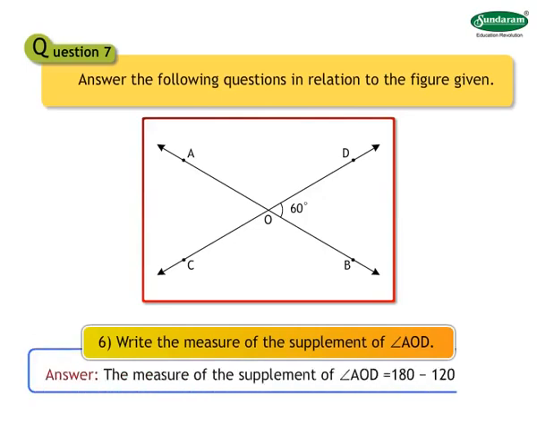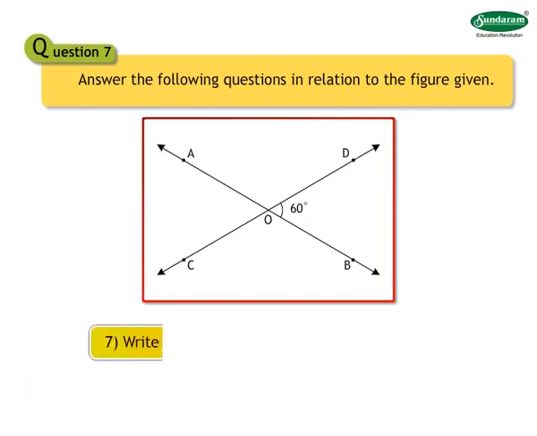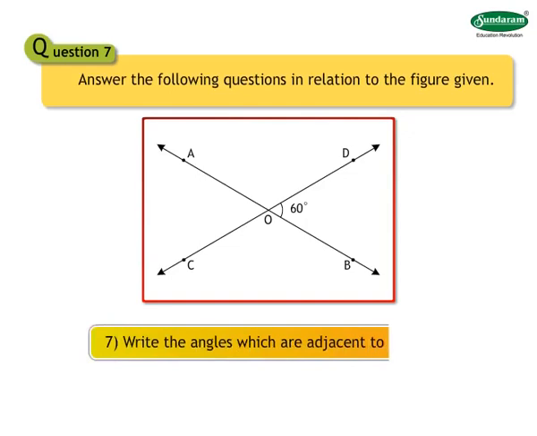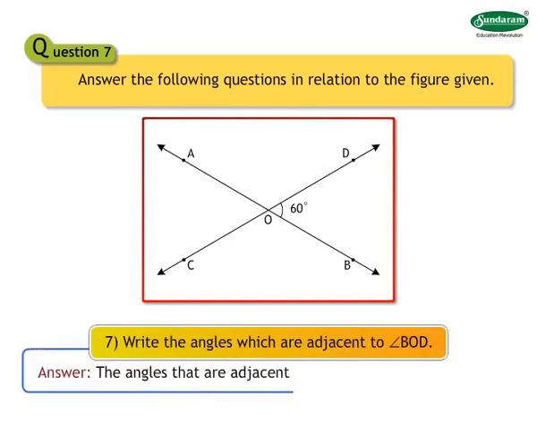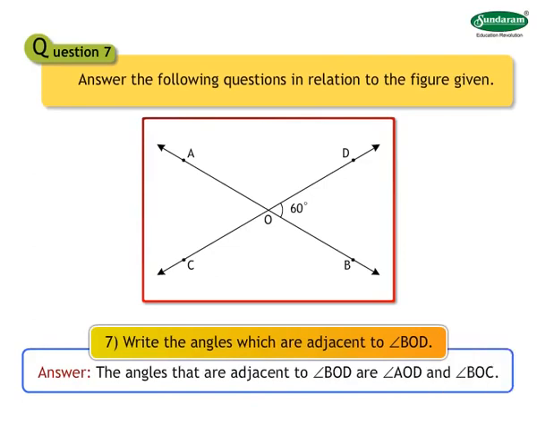The measure of the supplement of angle AOD is equal to 180 minus 120, which is equal to 60 degrees. Number 7. Write the angles which are adjacent to angle BOD. Answer. The angles that are adjacent to angle BOD are angle AOD and angle BOC.